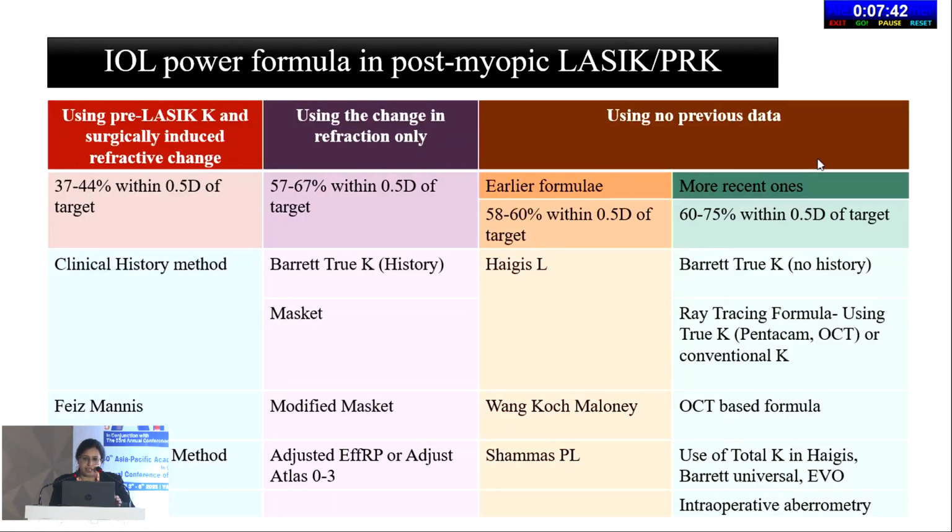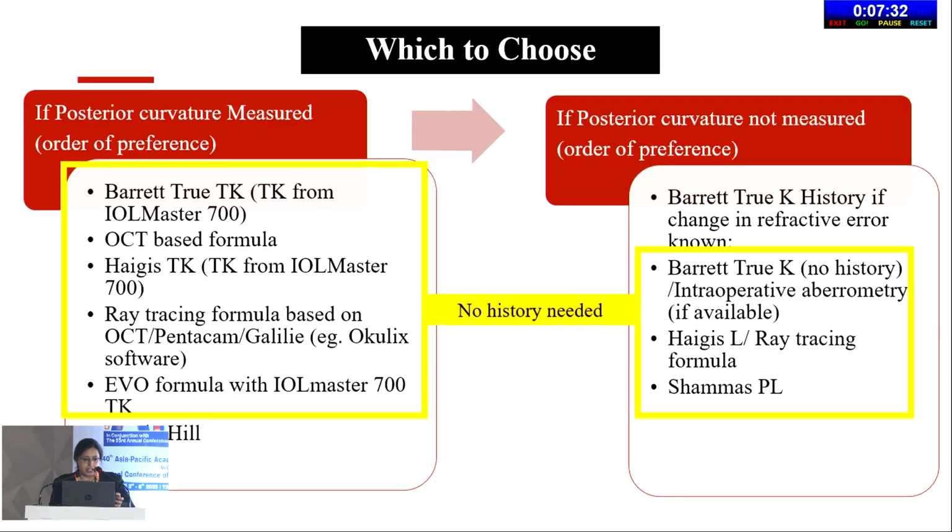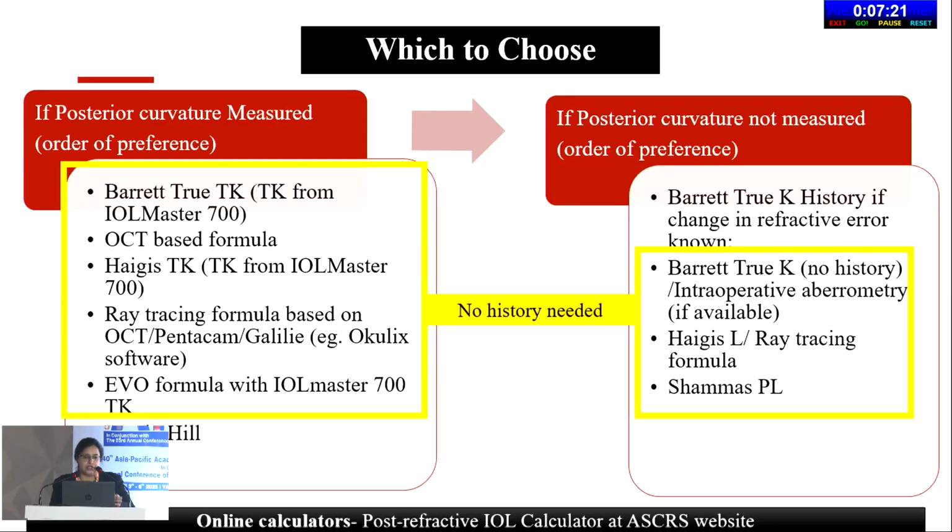60 to 75% are within 0.5 diopters of the target refraction. Barrett True K, ray tracing formulas, OCT based formulas, and intraop aberrometry are the newer ones. So depending on whether you can measure the posterior corneal curvature or not, there are various formulas that are accurate, and these ones highlighted in yellow are the ones that do not require a prior history.